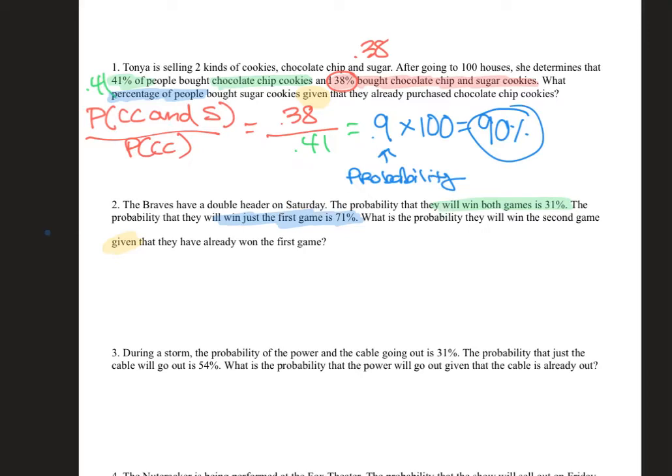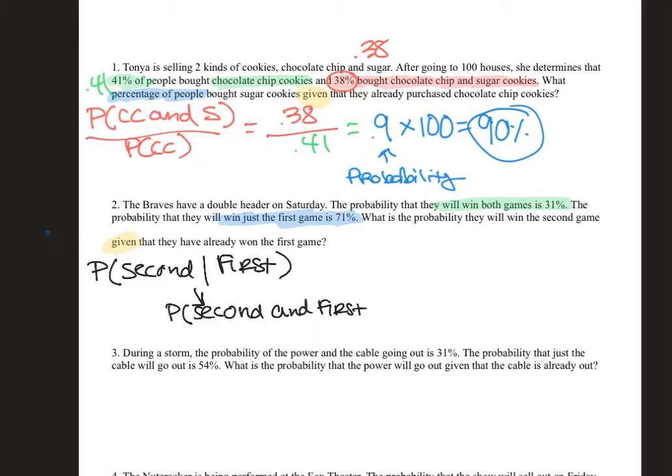So I'm going to say, what is the probability that they win the second given that they already won the first? Remember, that straight line means given. So this formula is probability of second and first, divided by probability of first, because that's what I'm asking you for in my problem.